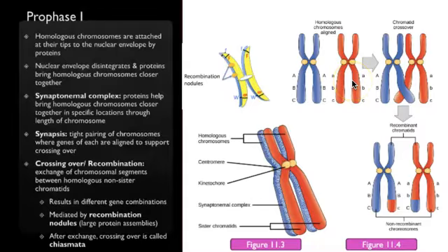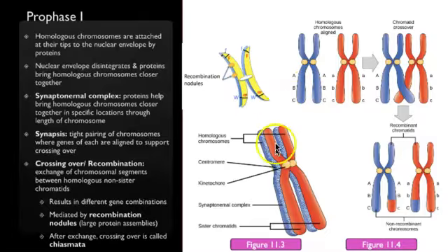And they'll first attach to the nuclear envelope at their tips with the help of some proteins. But just as we saw in mitosis, we'll start to have that nuclear envelope break down. And so additional proteins are going to be used to pull these homologous chromosomes closer together.